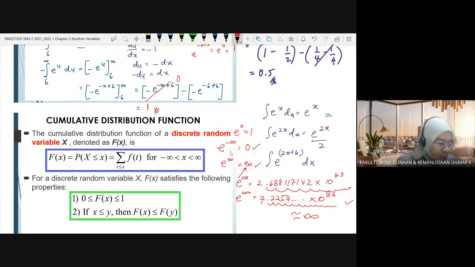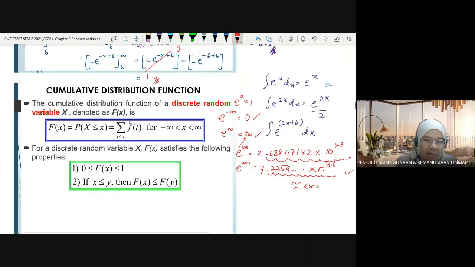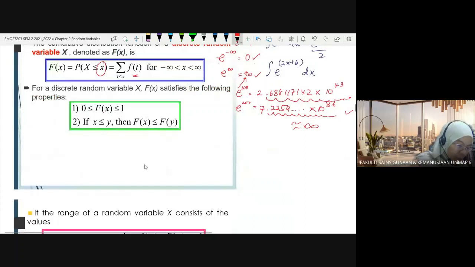Now, if we look back at our discrete random variable x, denoted as f(x), to find the probability of x for a certain value of x, it is given by the summation of the function f(t), where t takes the value up to x. And the condition this f(x) should fulfill is that it is between 0 and 1.